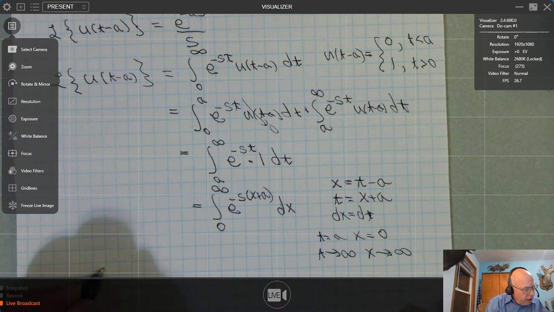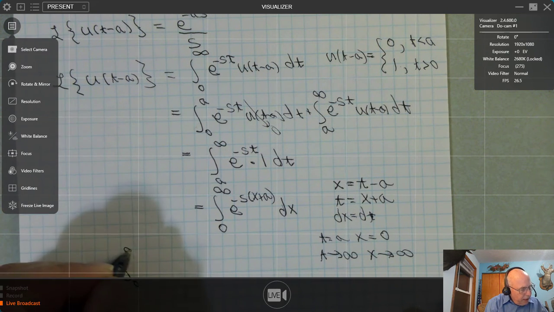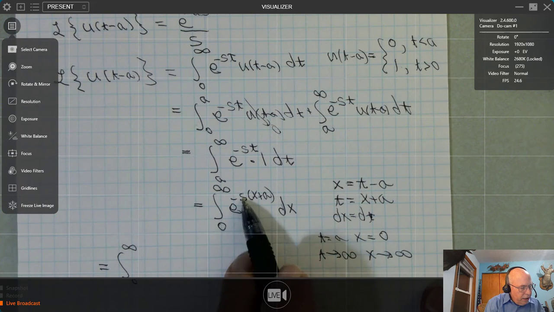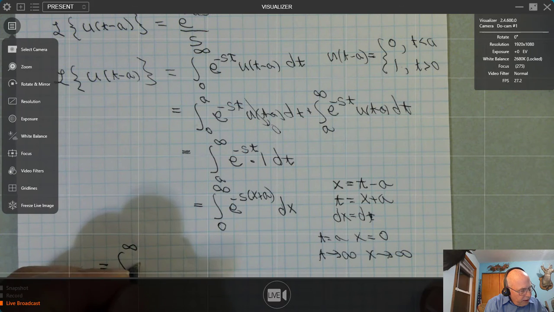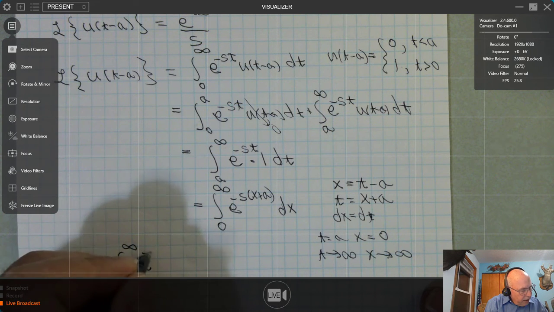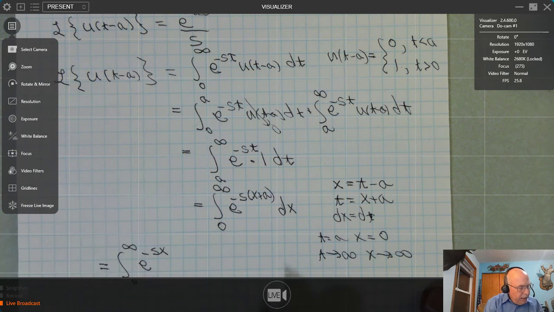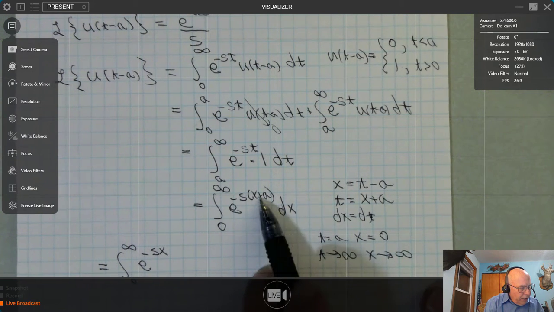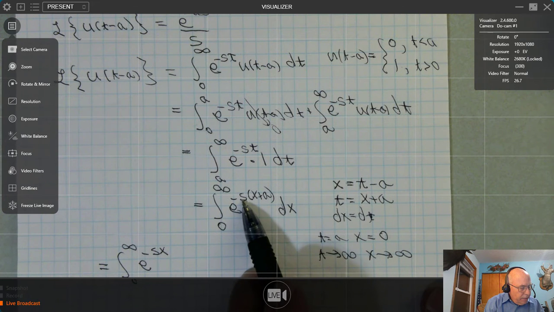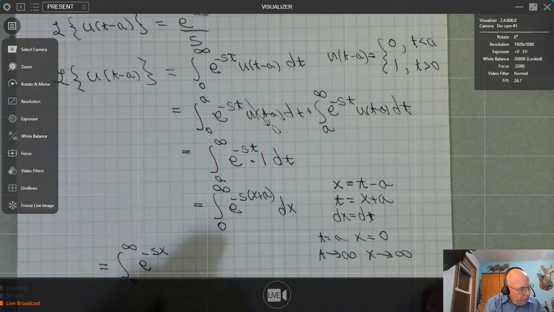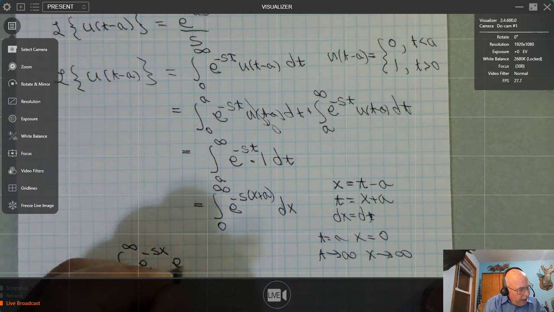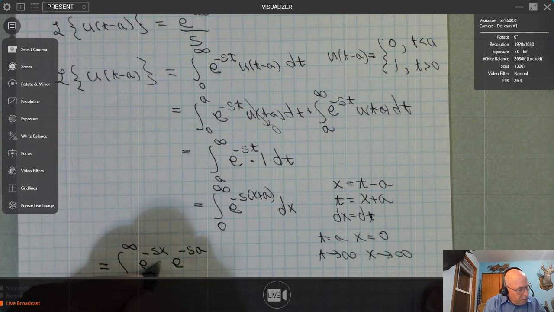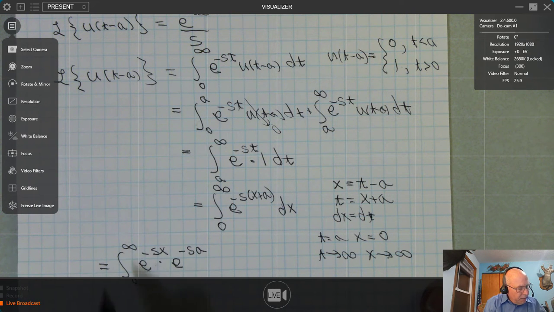Well, it turns out not to be too difficult. What you do is make the observation that you could distribute here e to the minus sx, and then you'd have minus sa. But if you are adding exponents, you could split those up and multiply with like bases.